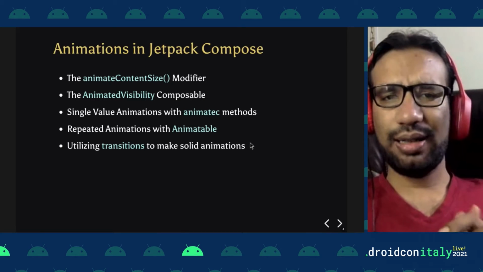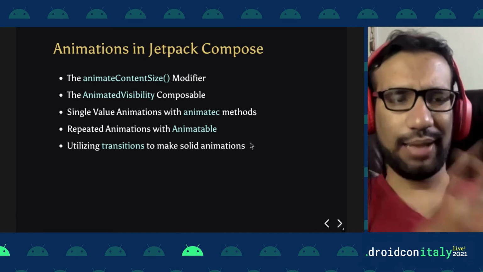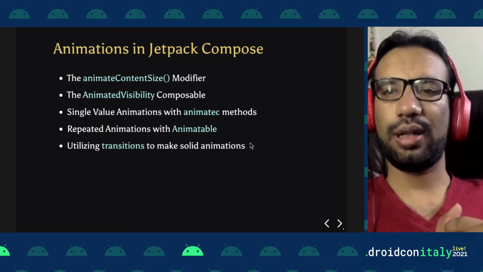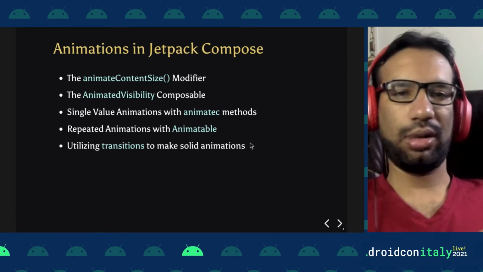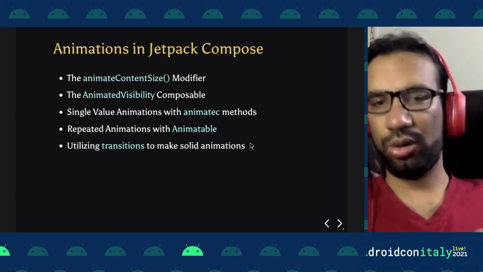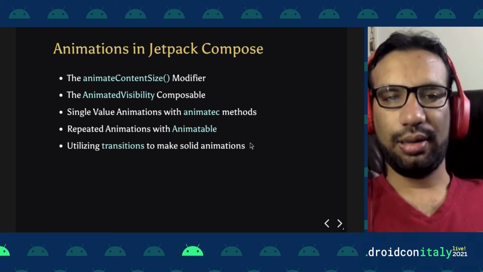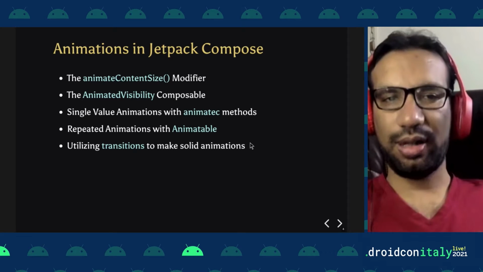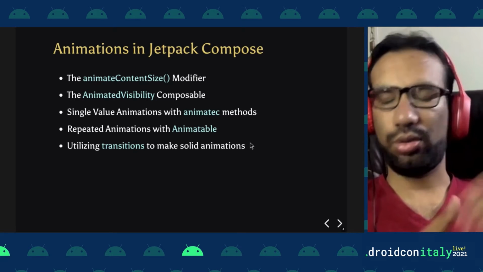Due to the time duration, I'll not be able to cover everything about animation in Jetpack Compose, but these are the most highly used and highly important concepts which I'll go through one by one.